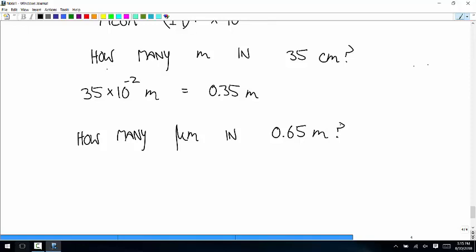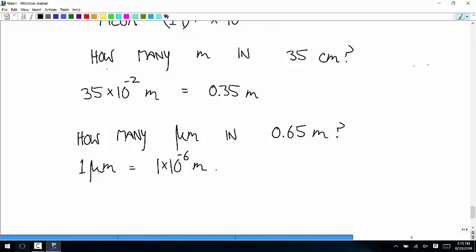So the way to do that is to remember that 1 micron is equal to 1 times 10 to the minus 6 meters.